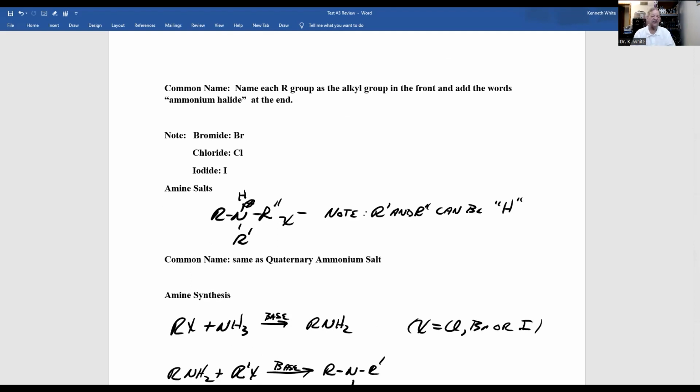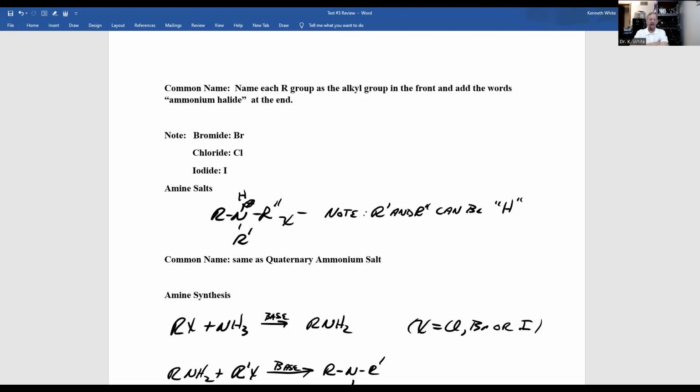Forget all this. Now, if you have what's called an amine salt, that is where you have a nitrogen with one or more hydrogens and one or more R groups. The way I have it written, R prime and R double prime can be carbon or hydrogen.